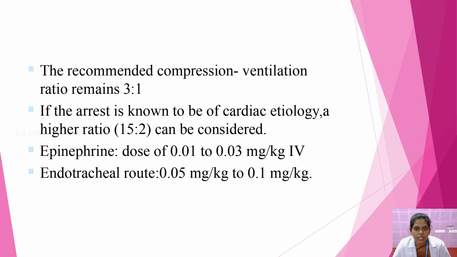The recommended compression to ventilation ratio is 3:1. If the arrest is known to be of cardiac etiology, a higher ratio of 15:2 can be considered. The epinephrine dose of 0.01 to 0.03 milligram per kg IV can be provided, and by the endotracheal route 0.05 to 0.1 milligram per kg.